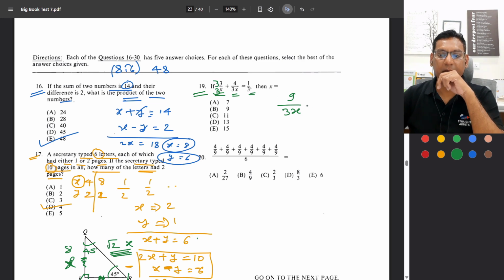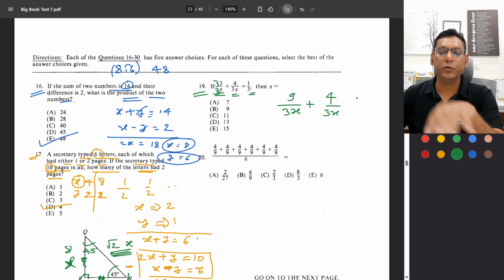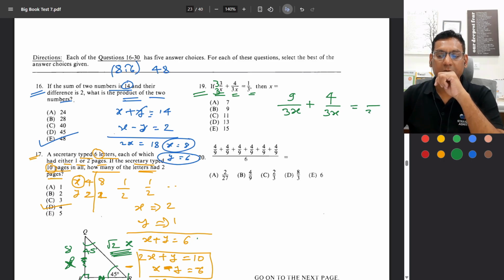Plus 4 by 3x is as it is, so there is no change in the numerator. On the right side, to get 3x, I have to multiply by x. So I get x on the top. So basically what I'm getting is 9 plus 4 by 3x is equal to x by 3x.